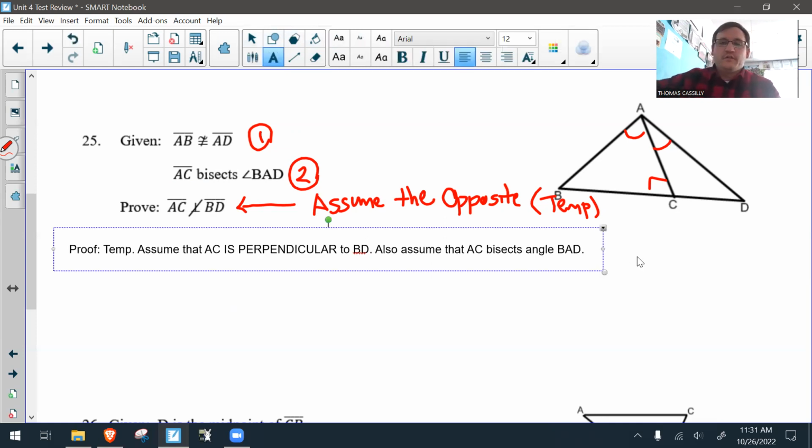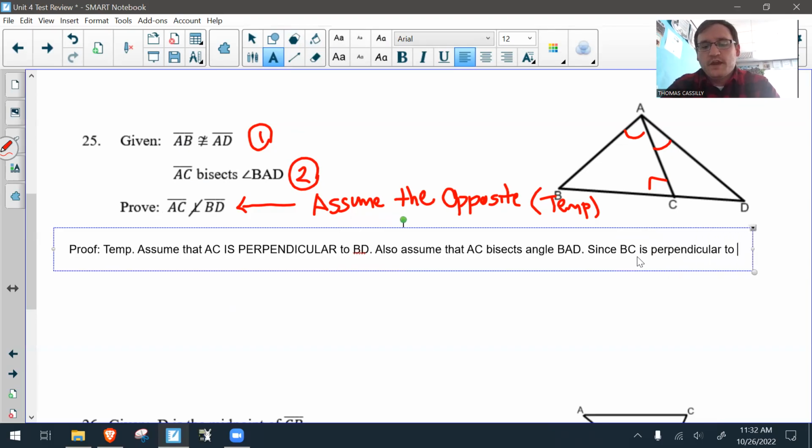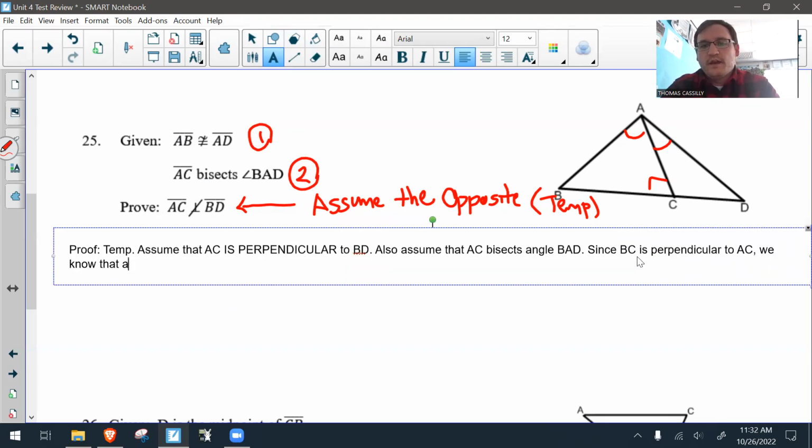So since BC is perpendicular to AC, we know that angle BCA equals 90 degrees, and angle ACD equals 90 degrees.